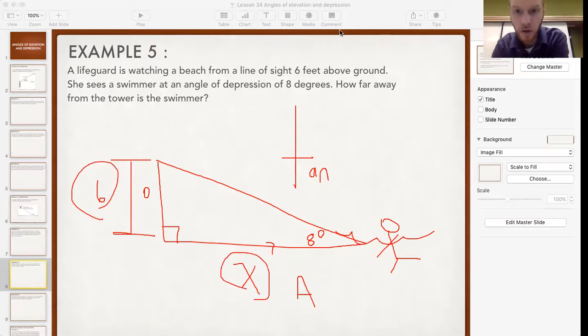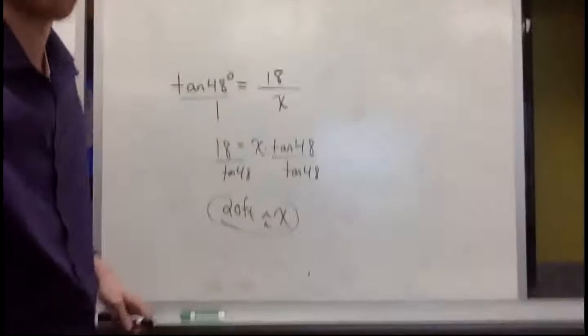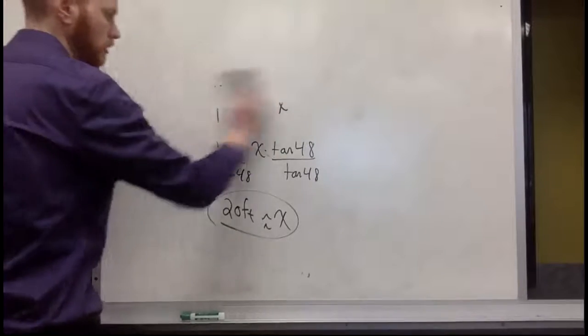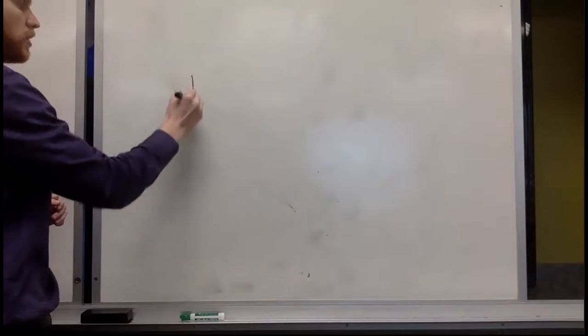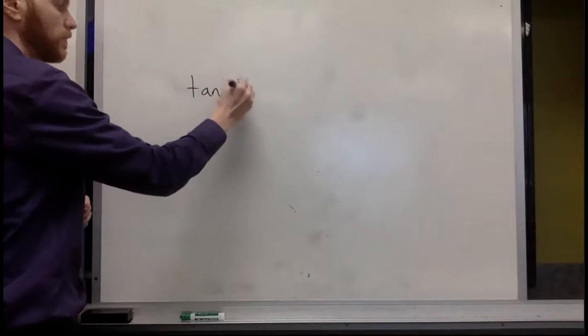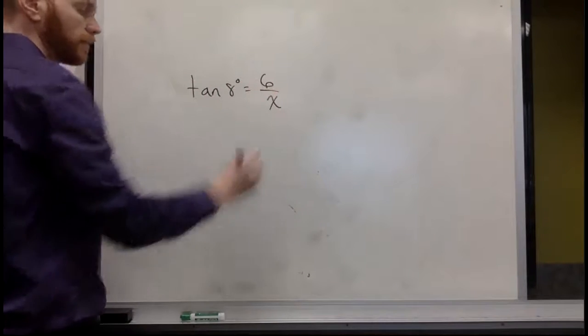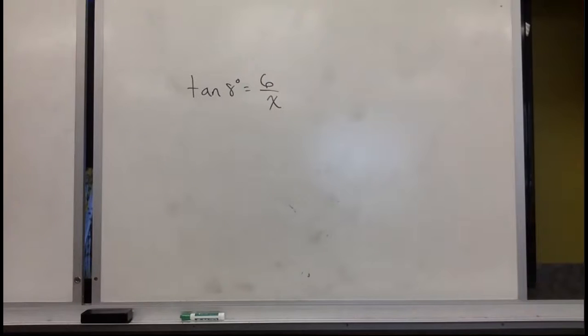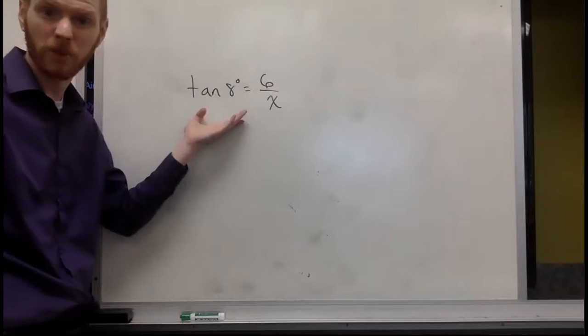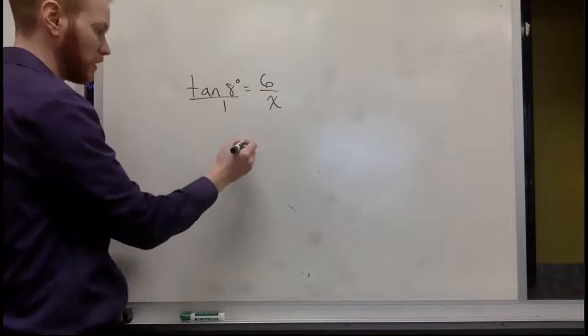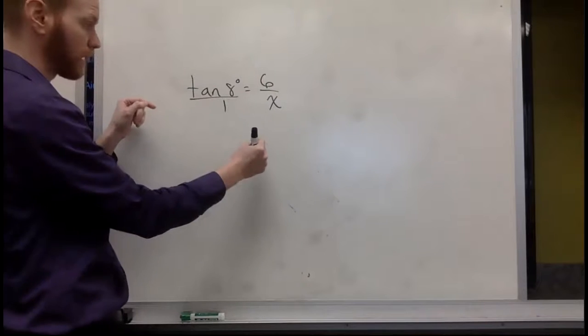Let me bring it back to the whiteboard. So here we go. We have tangent of 8 degrees equals 6 over x. I'm going to go through the same process, cross multiply, just like the previous examples.